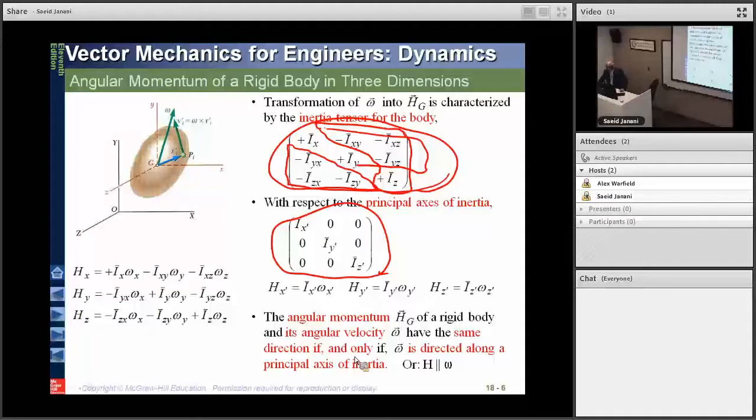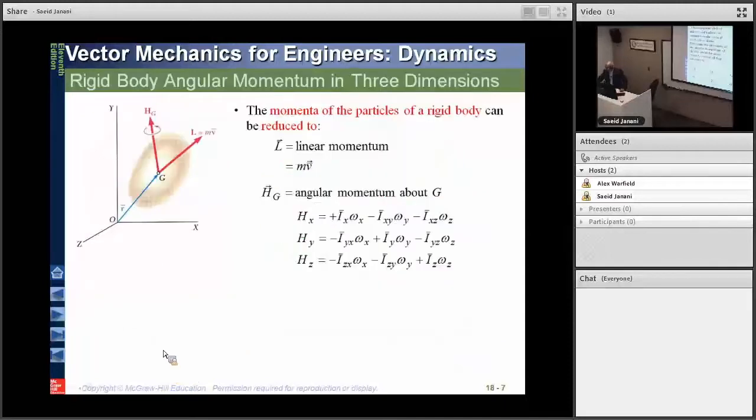This is our angular velocity, so your angular velocity vector would be there, but the angular momentum would be here. They're not aligned. So if they're not aligned, back to the same slide we had.